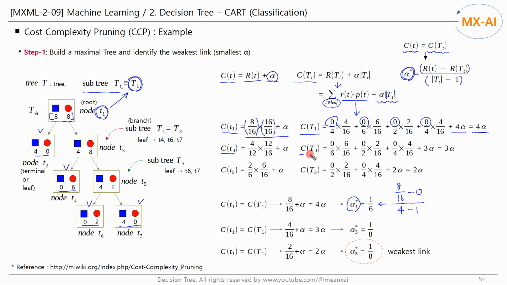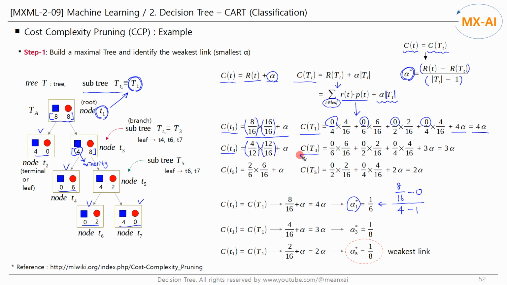Next, let's repeat the same process for node T3 and subtree T3. Node T3 contains 12 data points, with 4 belonging to the minority class. So its misclassification rate is 4 out of 12. Its weight is 12 out of 16.